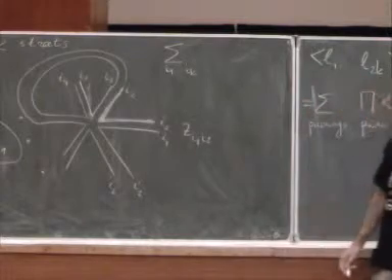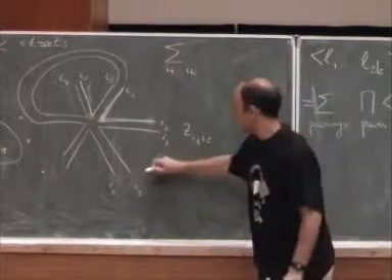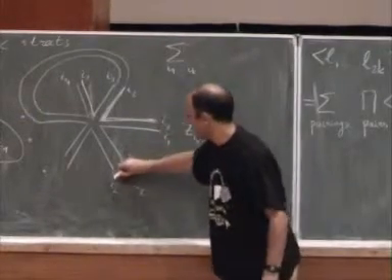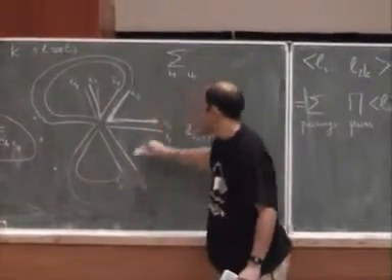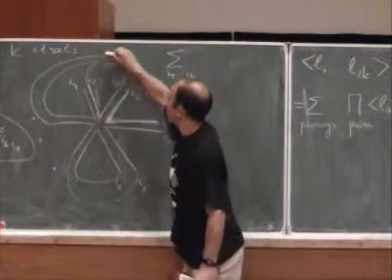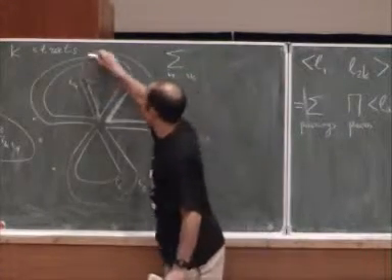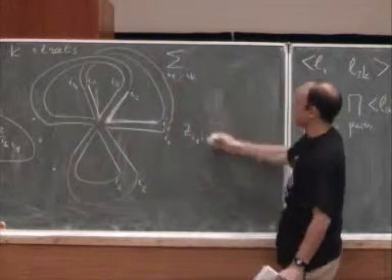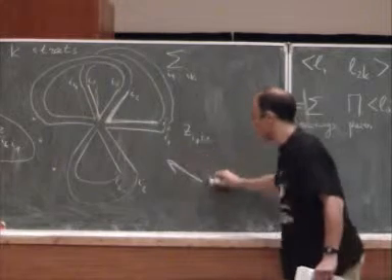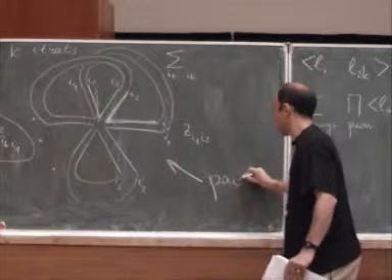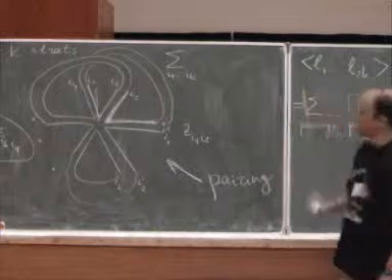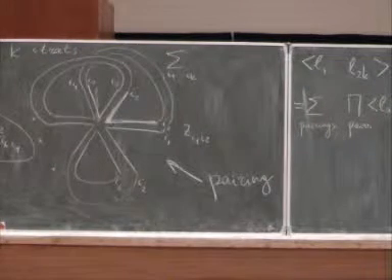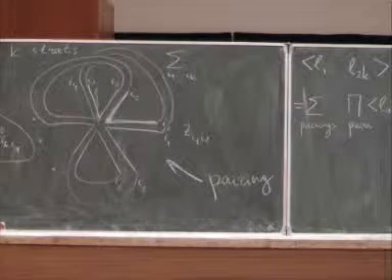Well, this is one pair. And maybe I can draw another pair like that, and another pair like that, and yet another pair like that. So this is a pairing now. In the end, I should sum over all possible pairings.